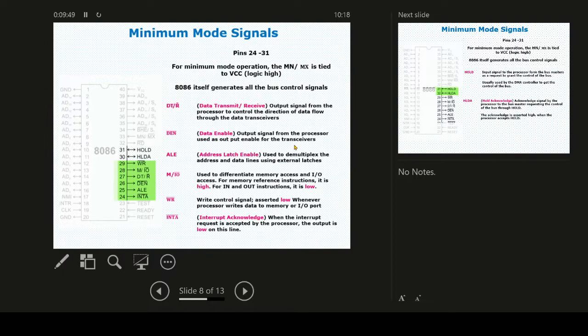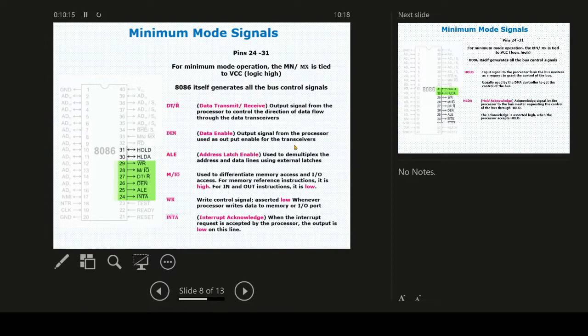These are controlled by the data buses, obviously, because from AD0 to AD15 there are a total of 16-bit data buses present. DT/R mainly tells the transceiver whether the CPU is ready to transmit data or receive data.